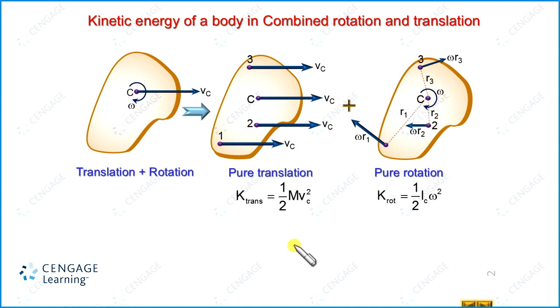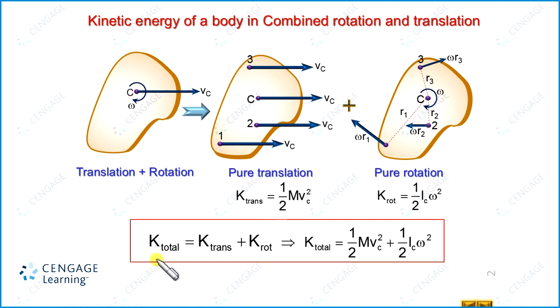Right. Now we can write the total kinetic energy. Total kinetic energy is the summation of the translational kinetic energy and rotational kinetic energy. As we have written, translational kinetic energy is half M Vc square and rotational kinetic energy is half Ic omega square. So this is the total kinetic energy, right?